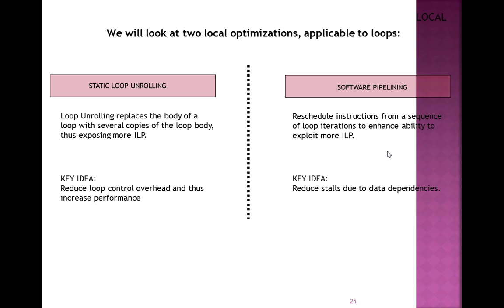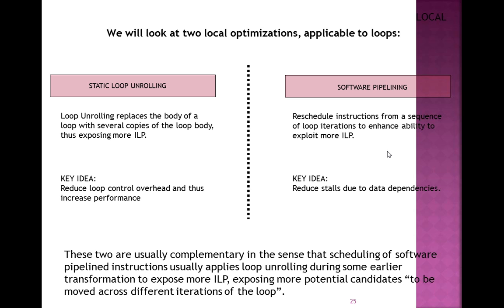Loop unrolling replaces the body of the loop by making different copies of the loop body, thus exposing instruction level parallelism.